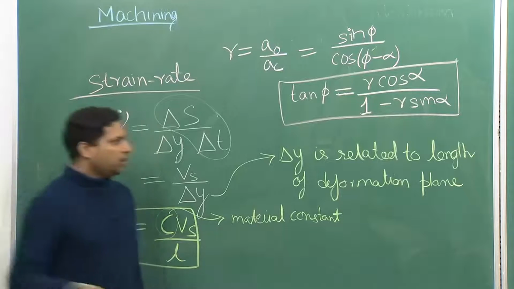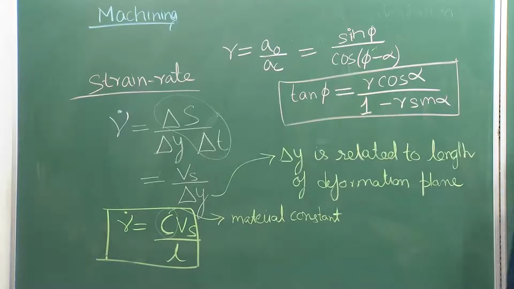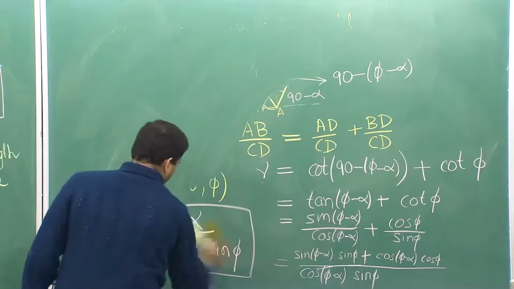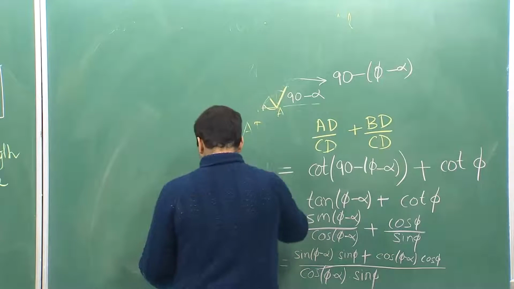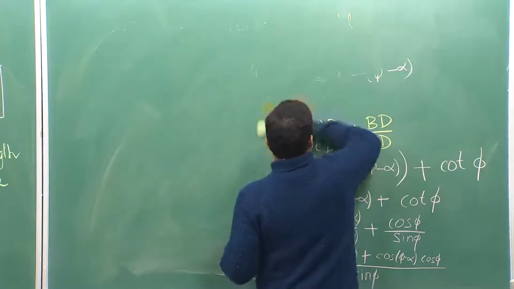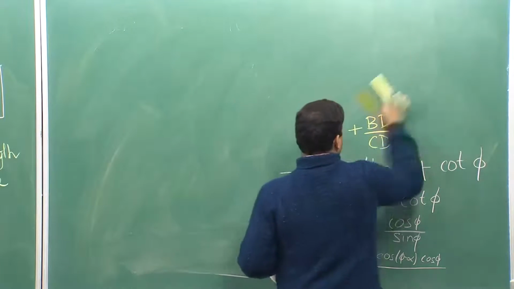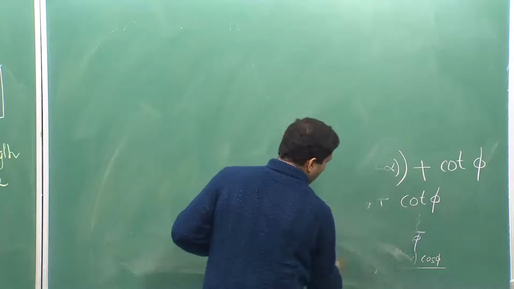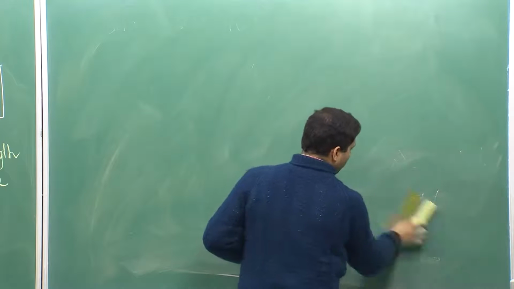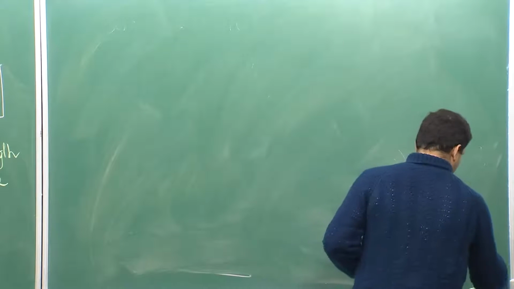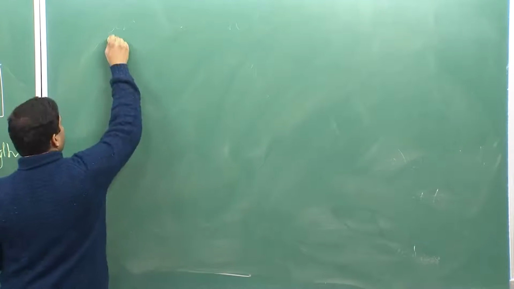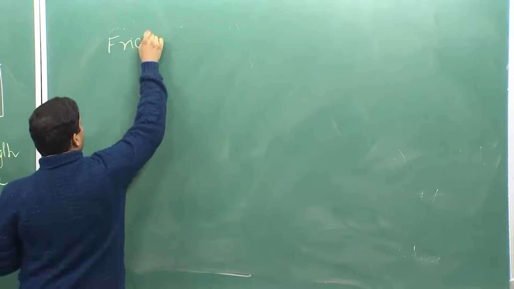So, let us start with first, why is friction important? Friction, as I said, changes the mechanics. It also reduces efficiency, because whenever you have friction in the system, you will need larger force and larger work that needs to be done, and therefore, friction becomes important.